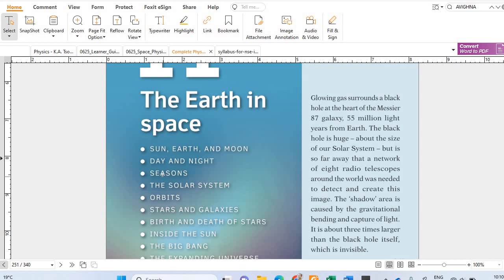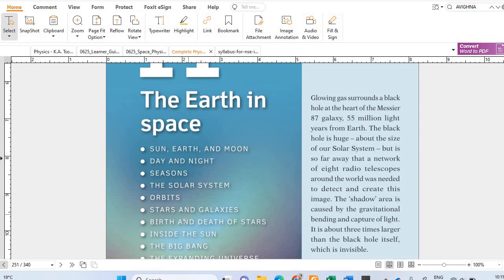Every year the seasons repeat, and what we mean by orbits, and we learn about the motion of stars and galaxies, and how stars are born and how stars die, what happens when stars of different initial mass die.